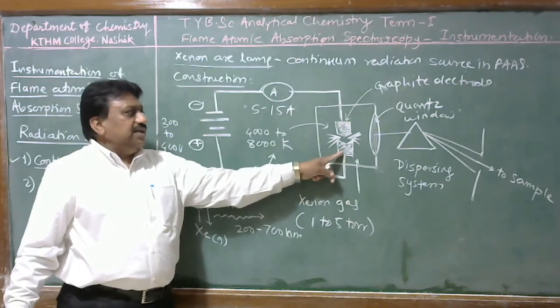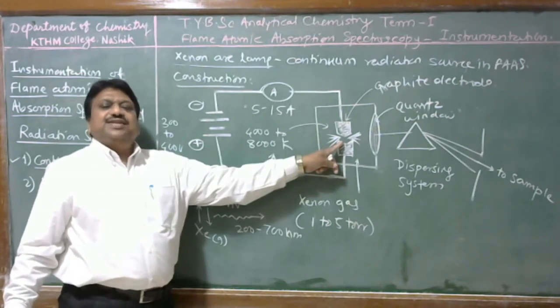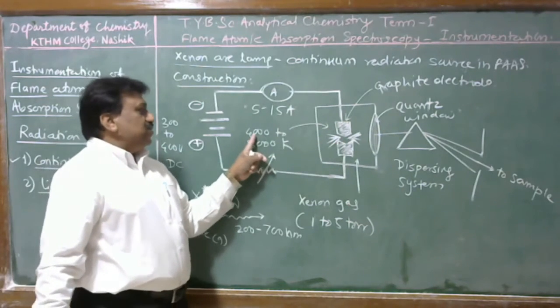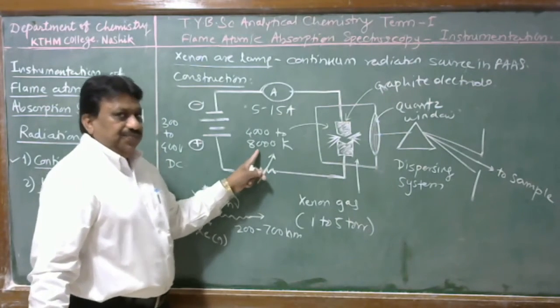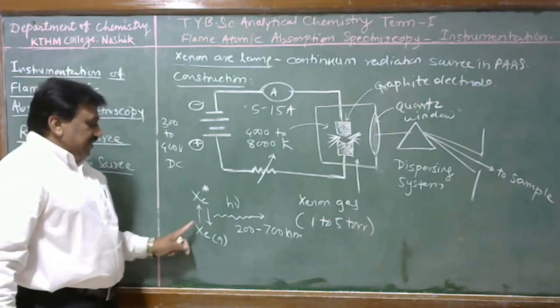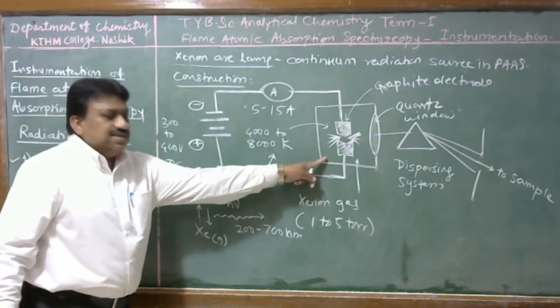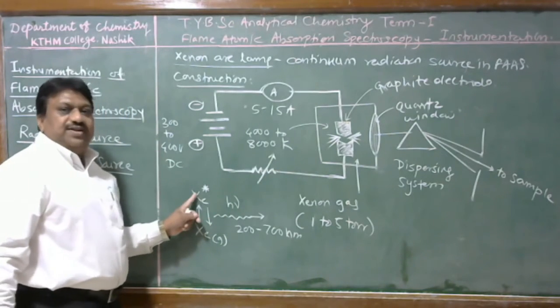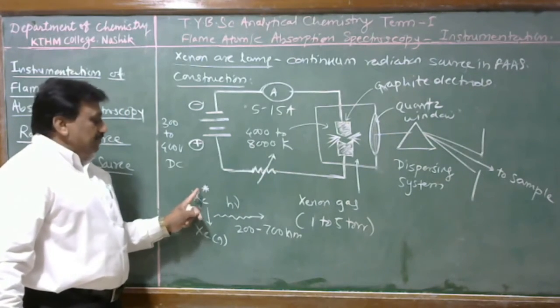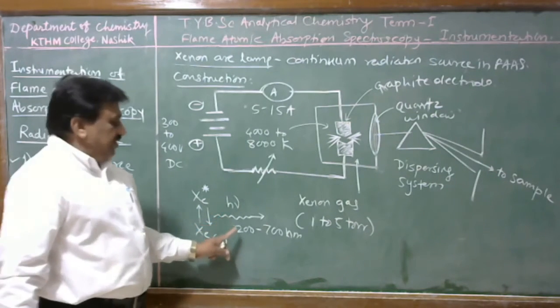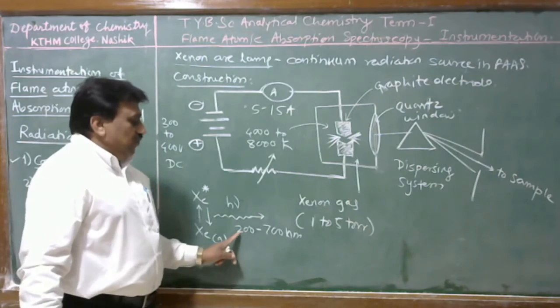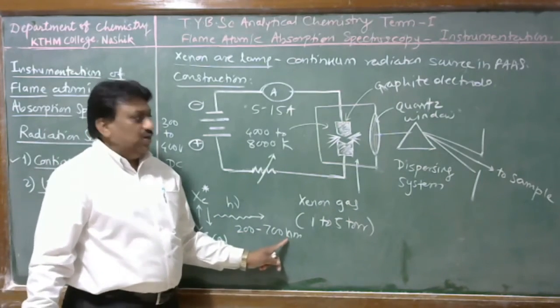Because of this, the temperature of the electrode reaches 4000 to 8000 Kelvin. Because of this high temperature, xenon present inside the bulb undergoes electronic transition, and when it comes back to its original ground state level, it emits a radiation having wavelength 200 to 700 nanometer.